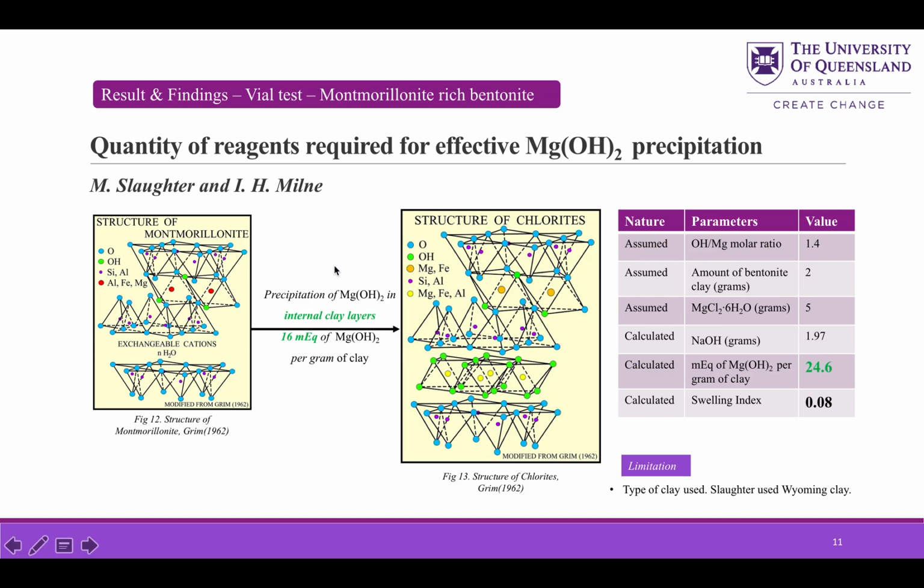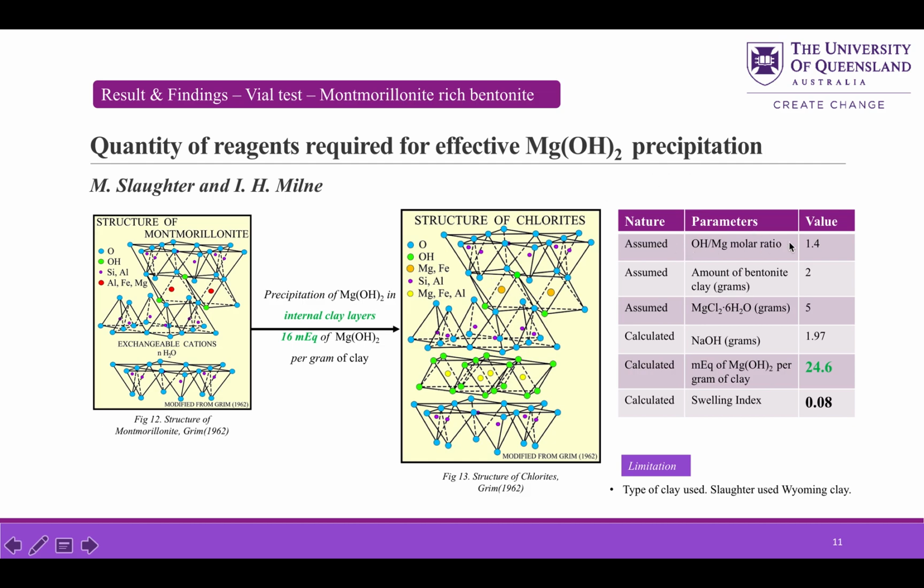So one of the prominent findings of the thesis was the quantity of reagent. From literature, I was able to identify that 16 MEq of magnesium hydroxide per gram of clay is effective enough to precipitate magnesium hydroxide in the interlayer of the clay mineral to inhibit swelling.